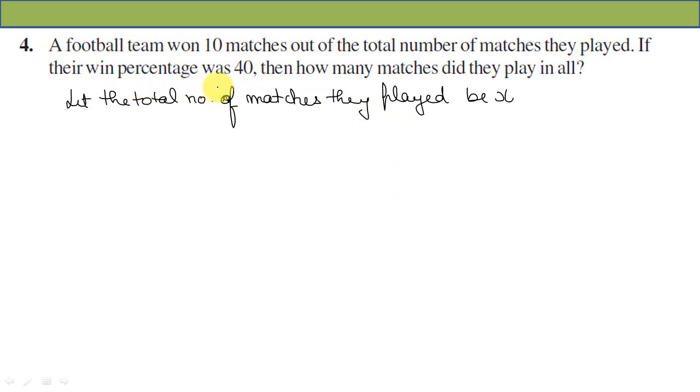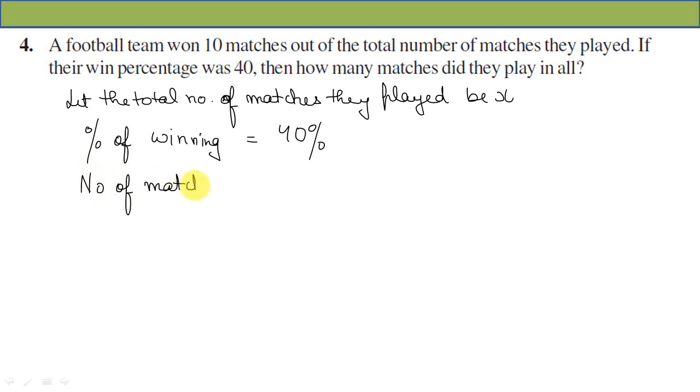So we will write down percentage of winning is equal to 40%, and number of matches also they have given, number of matches they won is equal to 10, right? So out of x matches they won 10 matches, which is 40% of the total.